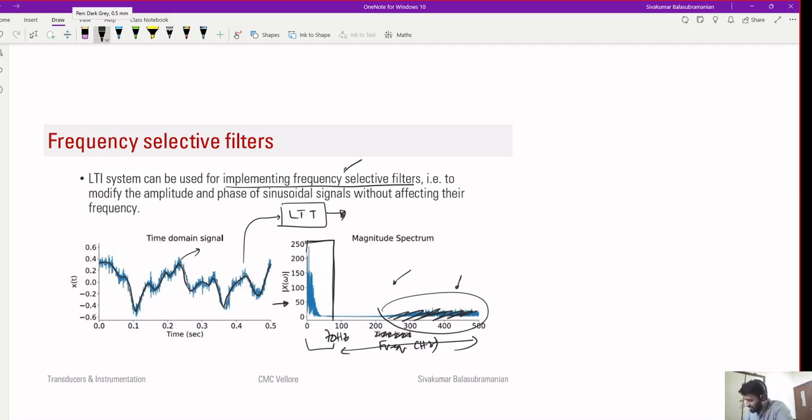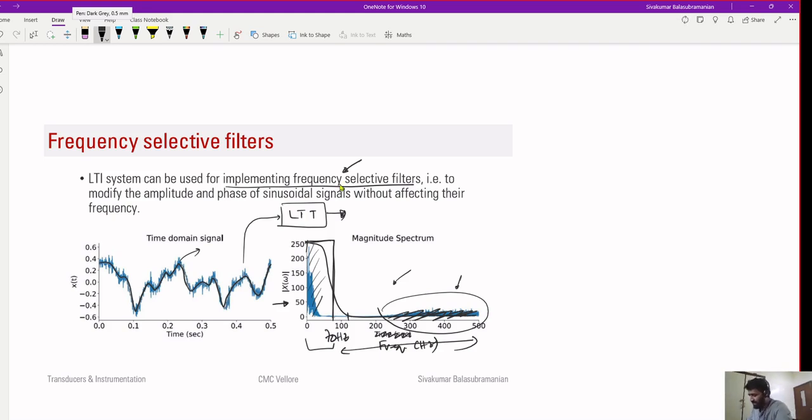That's because your LTI system is acting as a frequency selective filter. In this particular case, you've designed it so that frequencies from 0 to around 70 hertz are passed through without major modifications, and everything outside of 70 hertz is attenuated. For example, the frequency response of your LTI system could be like this. So everything in this region is passed through, and everything beyond, let's say, this point is attenuated and made very close to zero.